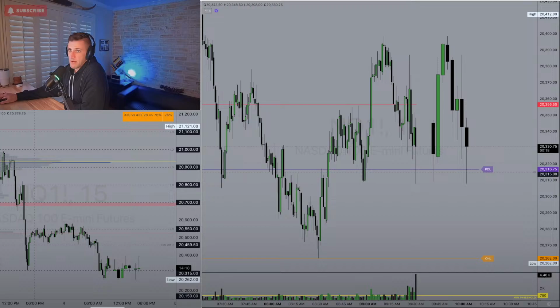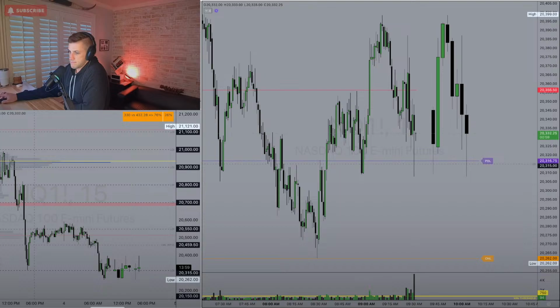We do have a gap lower, although it still is within the prior day's range. So not a true gap for me personally. Got some buying activity versus 315.